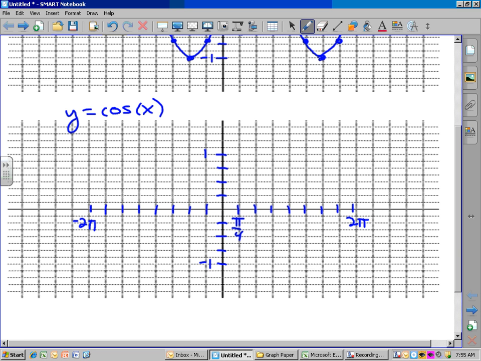Where's cosine start? 1. Same pattern. So we go 1, then we'll go about 0.7, 0, -0.7, -1, 0.7, 0, 0.7, 1. And just continue that pattern to the left.